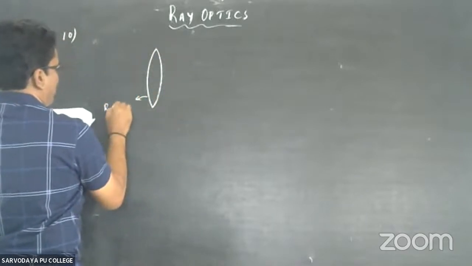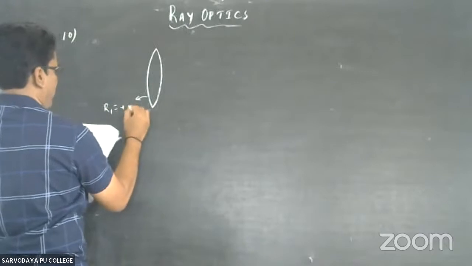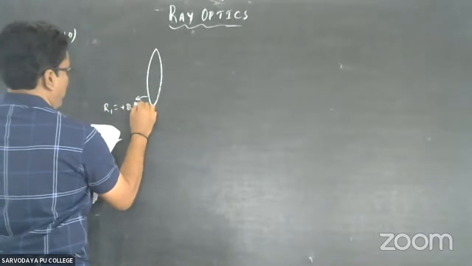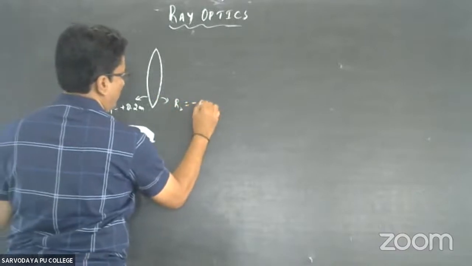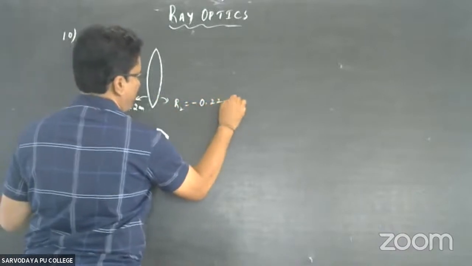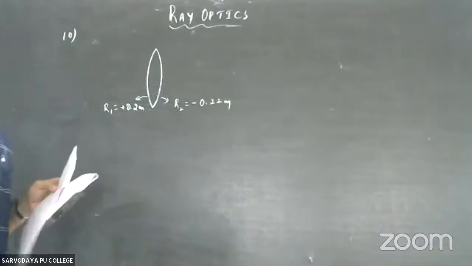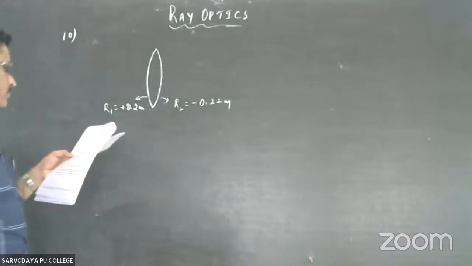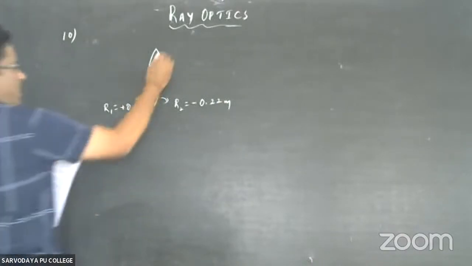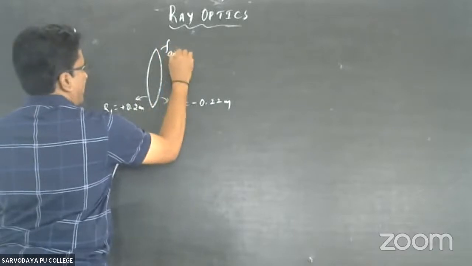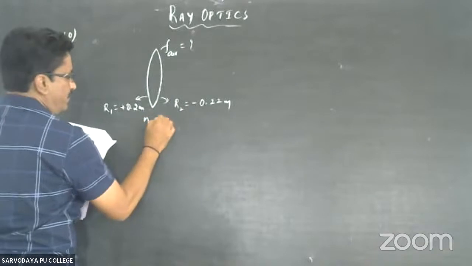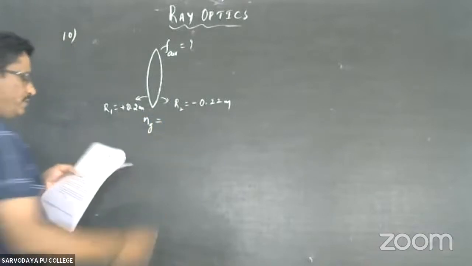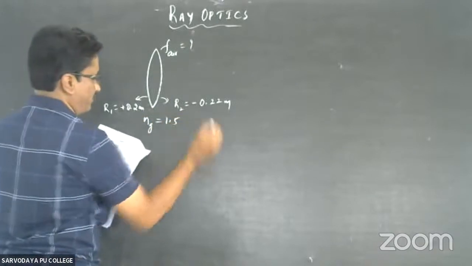One surface has a radius of curvature of plus 0.2 meter, and the second is minus 0.22 meter. I am applying the Cartesian sign convention. We have to calculate the focal length in air. The refractive index of the material of the glass lens is 1.5.